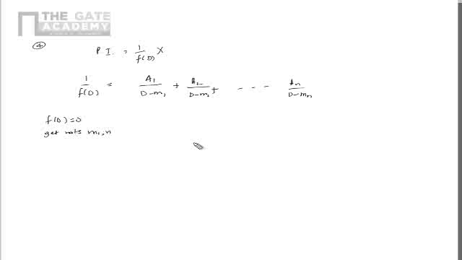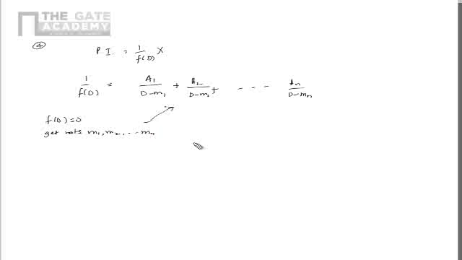If you don't know the form of capital X, if it is not expressible in the form of e power ax, sin(ax plus b), or x power m, then the general rule is to express 1 by f of D in terms of partial fractions, where m1, m2, up to mn are the roots of f of D. So when you put f of D equal to 0, get the roots and put them in this partial fraction format.